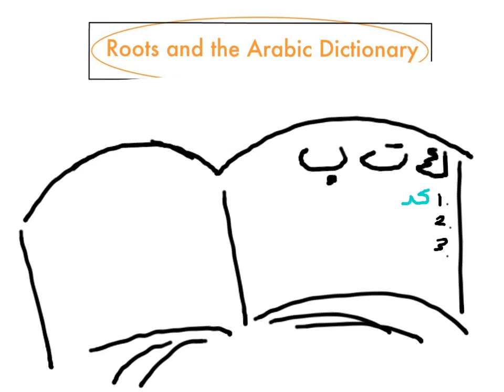For instance, you will have the word kitab, which is made from the root katab. The next word is katib, which means writer. And you will also find the word maktub.